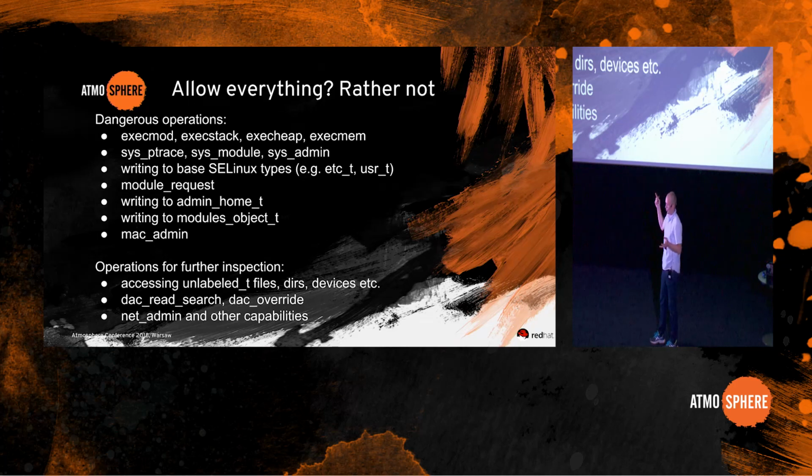Sometimes devices, if you have very new devices and you plug them into your computer, these devices may not be recognized by the kernel, but then they will be recognized by some kind of driver. So these devices can be unlabeled, and it is, I think, a regular case with new devices. And this is okay, but it should at least be filed as a bug for the SELinux policy.